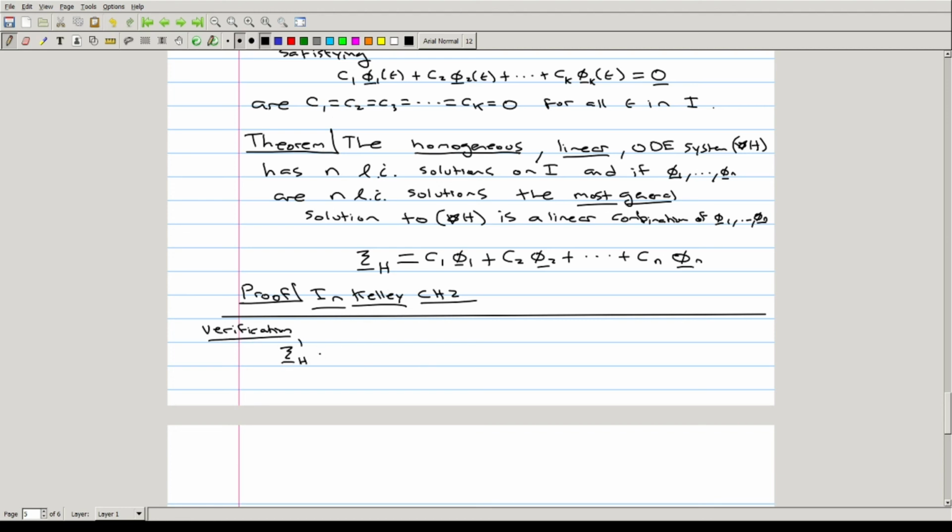By taking the derivative of this linear combination, we get C1 phi 1 prime plus C2 phi 2 prime all the way up to Cn phi n prime.